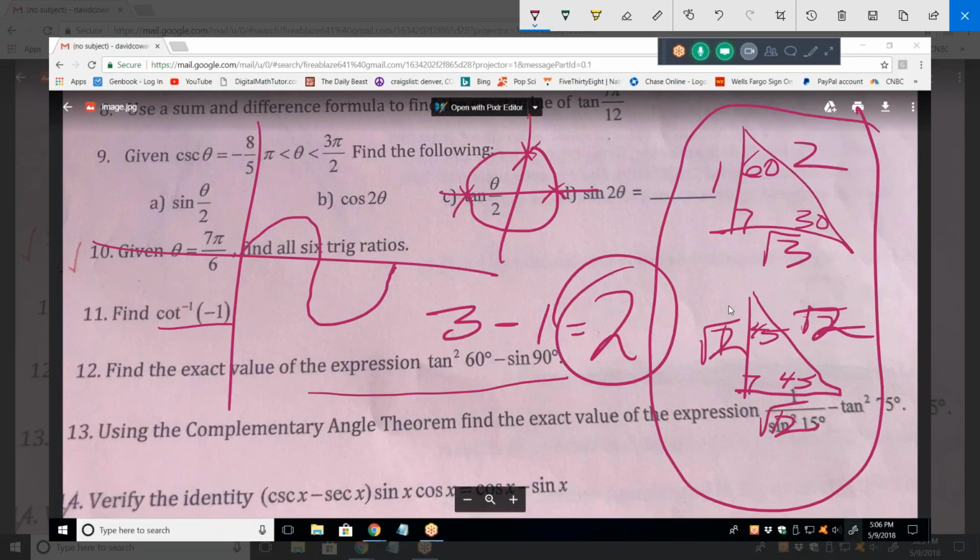And that will also give you your quadrantal angles. You know what I mean by quadrantal? That's 90, 180, 270, 360, all multiples of 90. Or you can memorize the sine curve, and there's pi over 2, or 90 degrees. So it's 1. That's how I got the 1.